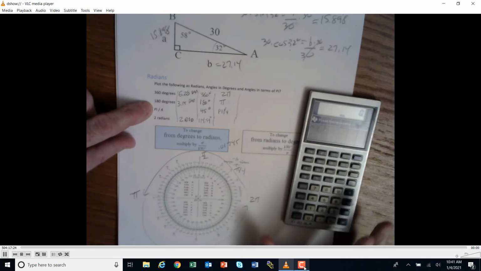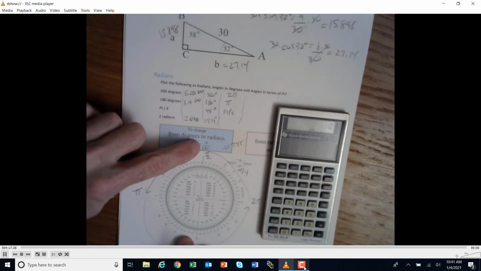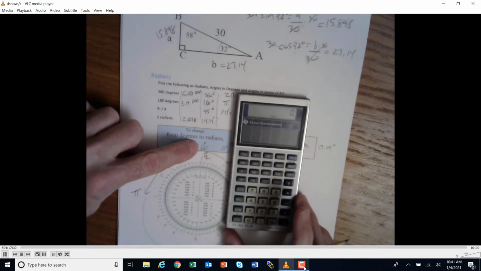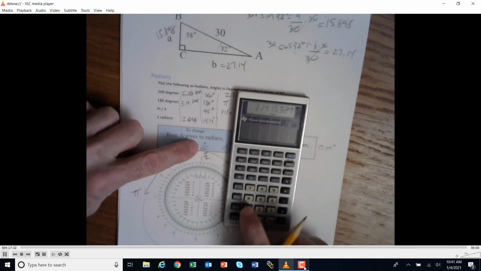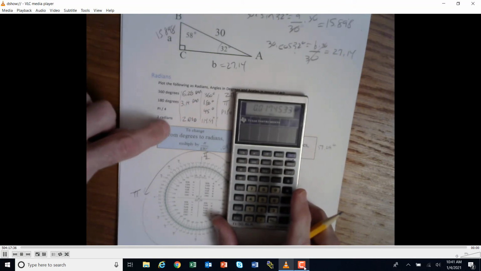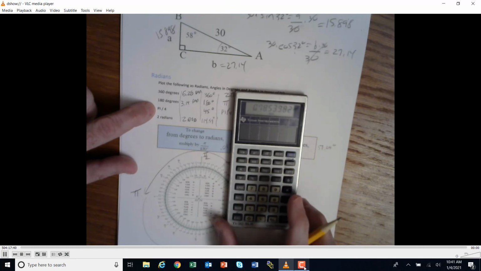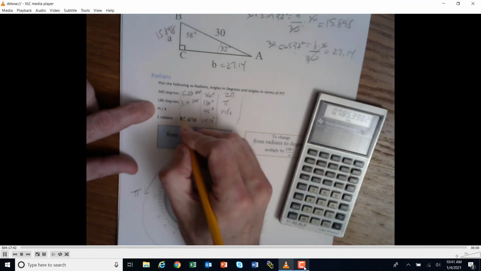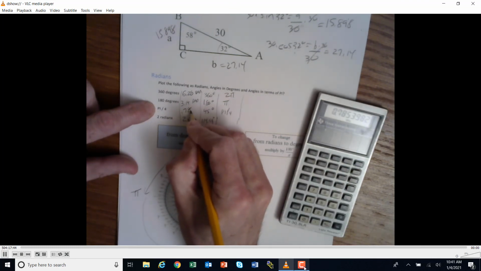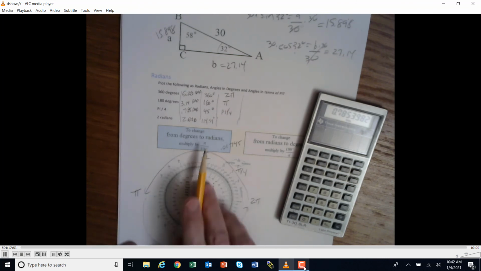If we take these radians, we do pi divided by 180 again, and then multiply it by the 45 degrees. We get 0.785 radians. Finally, we have 2 radians, which was 114 degrees.